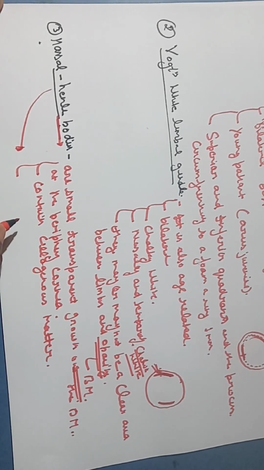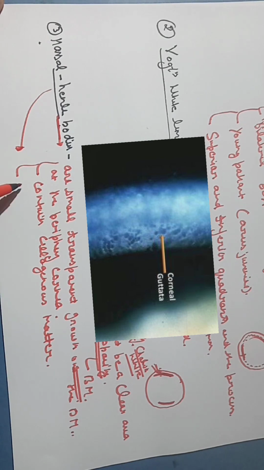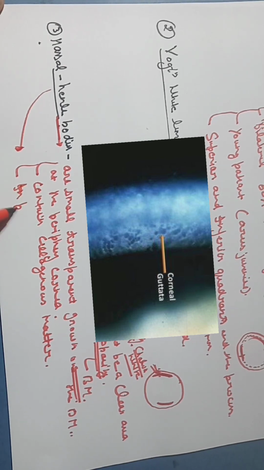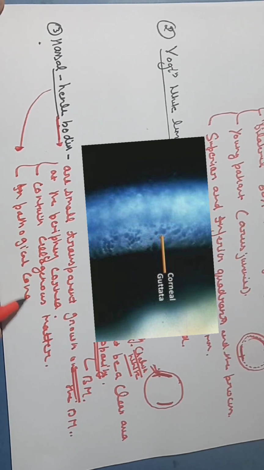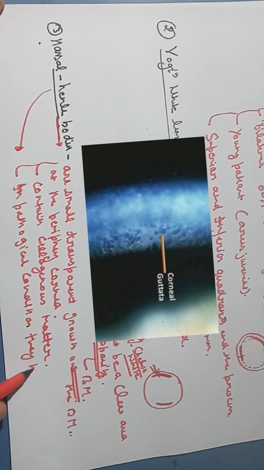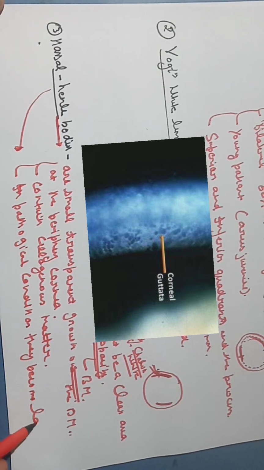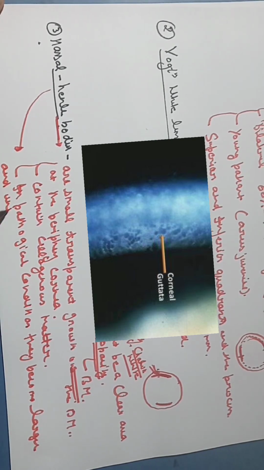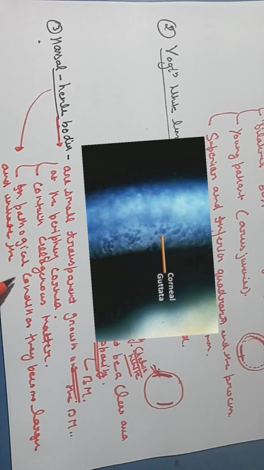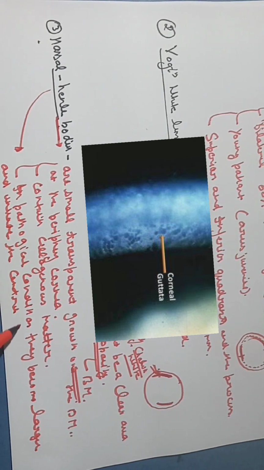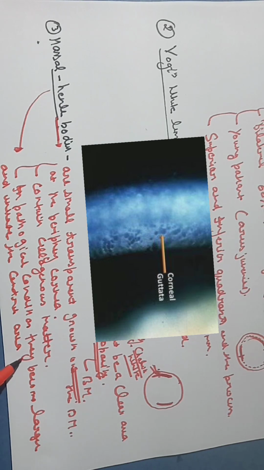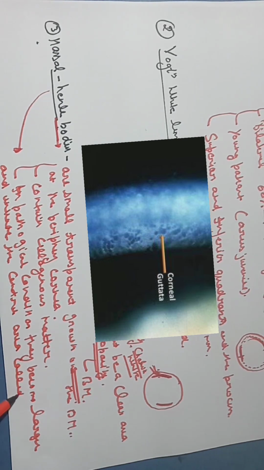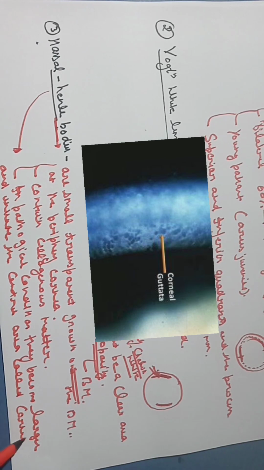In the pathological condition, they become larger and invade the central area. That condition is called corneal guttate.